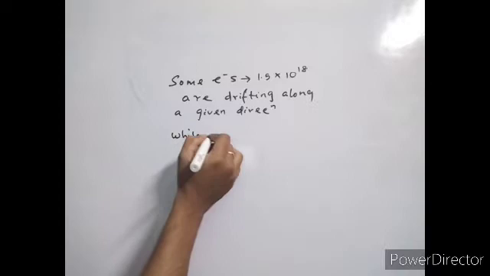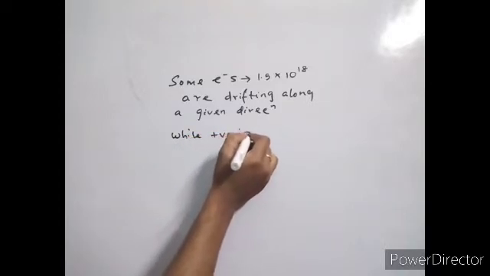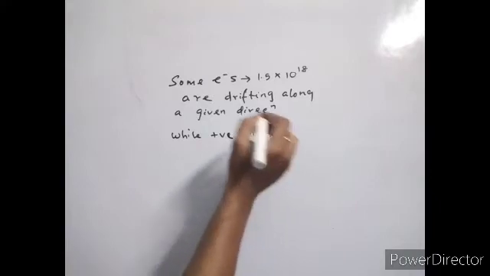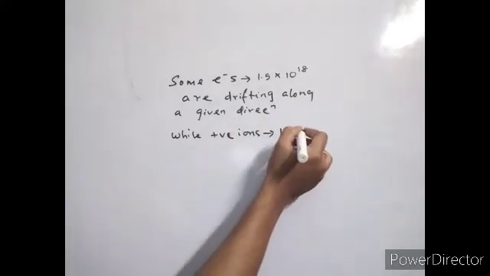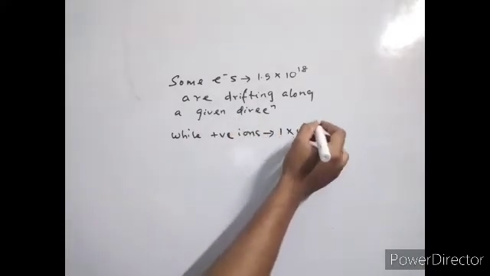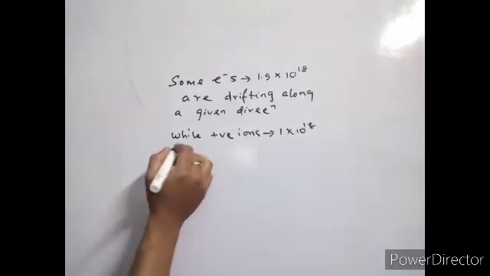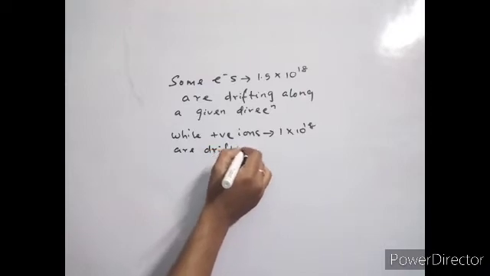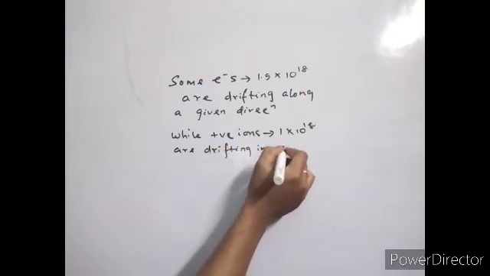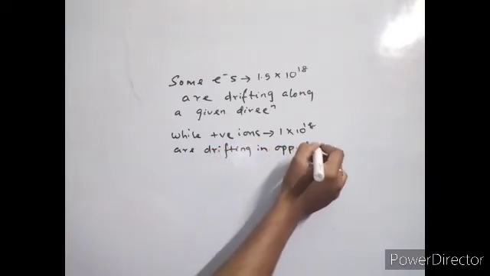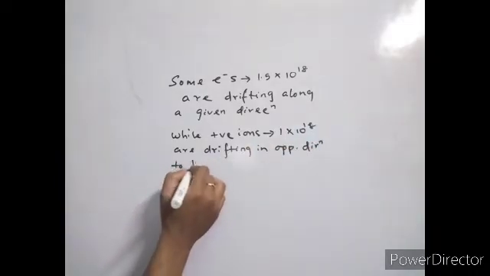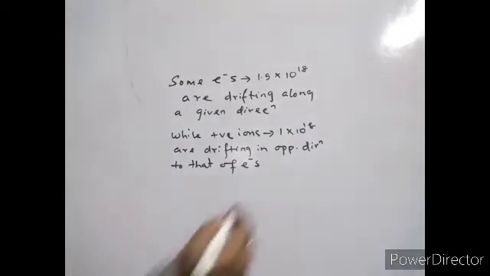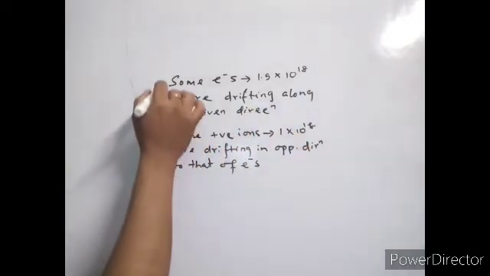Again, we have some positive ions, and the number of these positive ions is 10 to the power 18 per second. They are drifting in the opposite direction to that of the electrons, since a field will drive them in opposite directions.